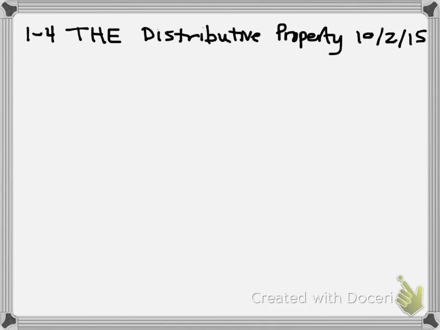So let me give you a couple of examples of what the distributive property is. So we get to do a little drawing. My daughter and I have discovered that we don't do so well with ice cream anymore. So our new favorite thing is popsicles because it doesn't have the dairy in it. So we seem to be able to handle that better. So we're always trying to figure out when do we get our next popsicle.